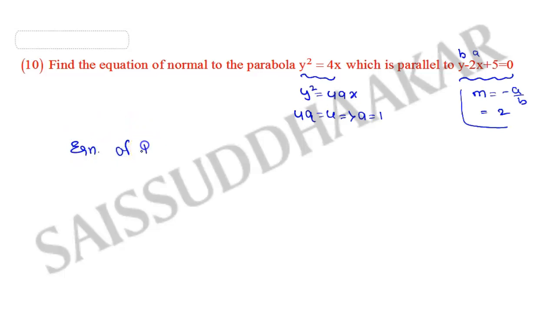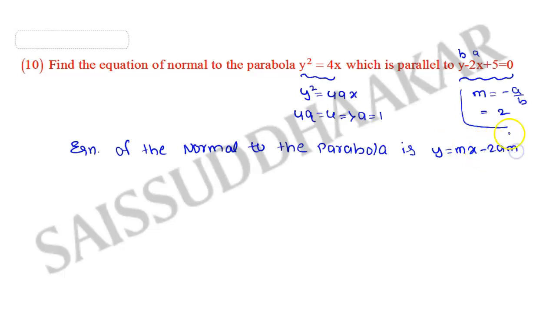The equation of the normal to the parabola y square is equal to 4ax, or lx plus my plus n is equal to 0 in general, is y is equal to mx minus 2am minus am cube. That is the formula: y is equal to mx minus 2am minus am cube.